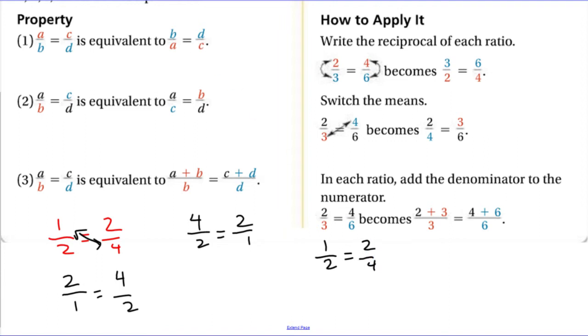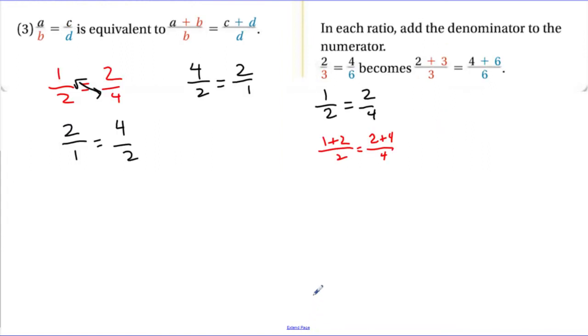Okay, what this one's saying is go ahead and add 2 to the left-hand side. So this will become 1 plus 2 over 2, as long as you add the denominator of the right-hand side to the numerator of the right-hand side. So this now says 2 plus 4 over 4. So let's see what this says. This says now that 3 over 2 is equal to 6 over 4.